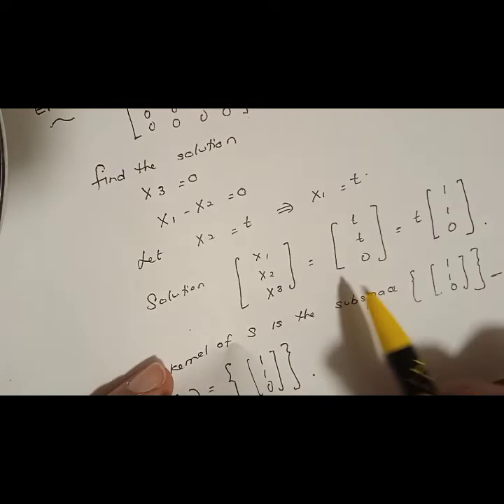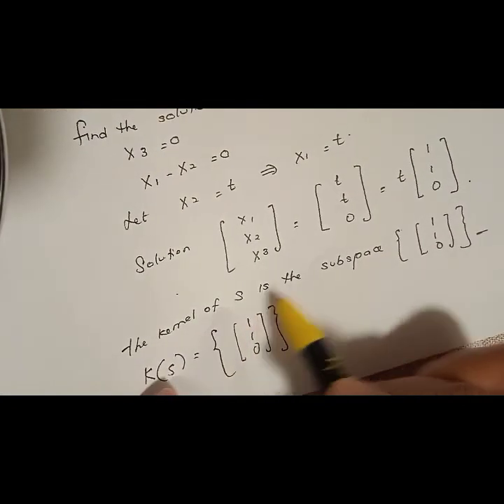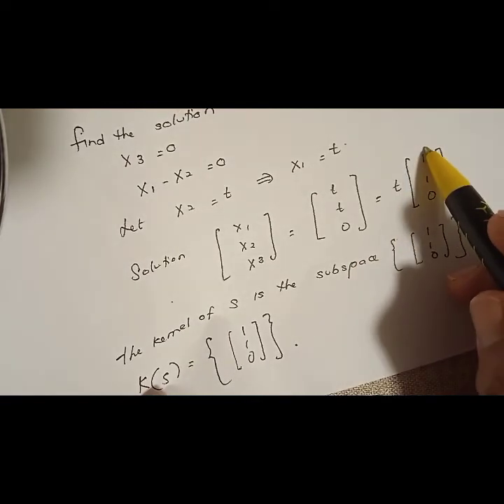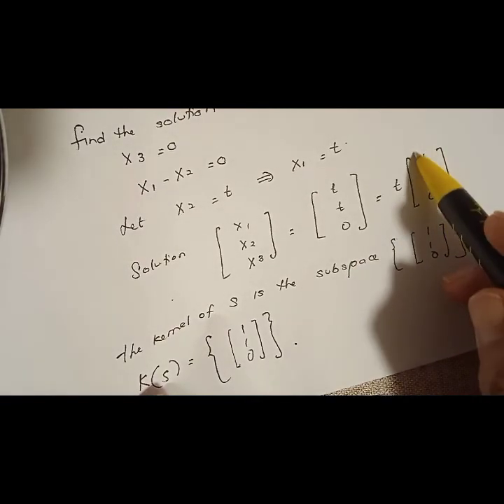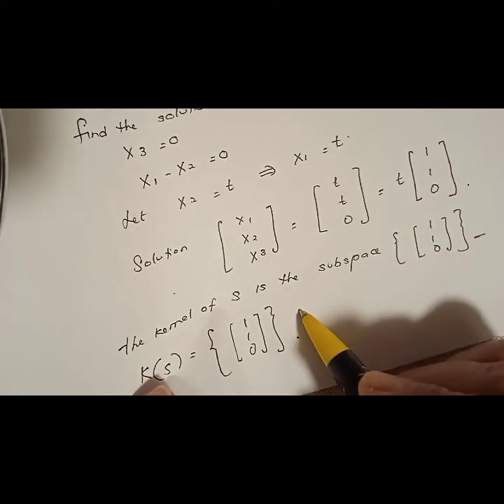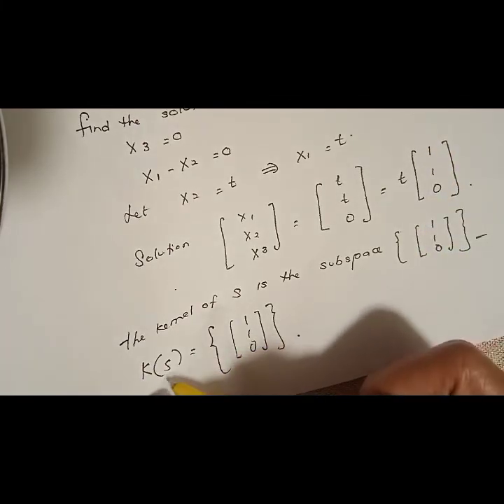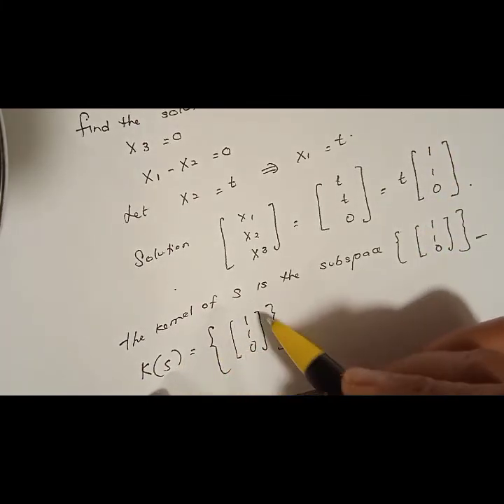So the solution will be like this. Then the kernel of S is the subspace of the solution here. So this is the basis of the subspace. Okay, so the kernel of S is given by this basis vector.